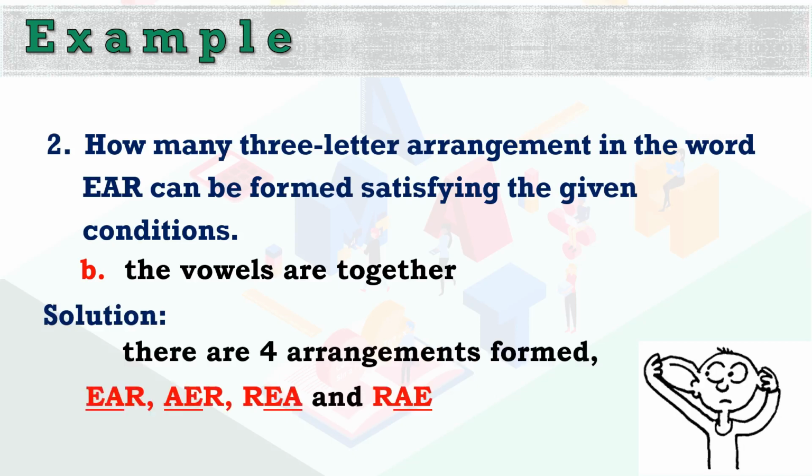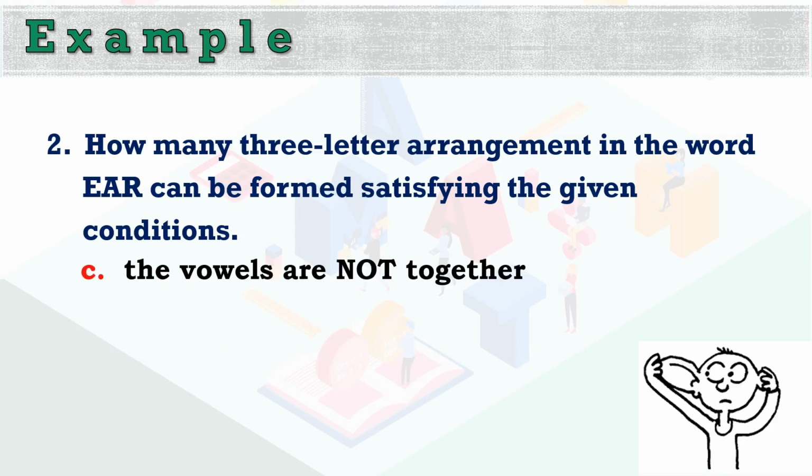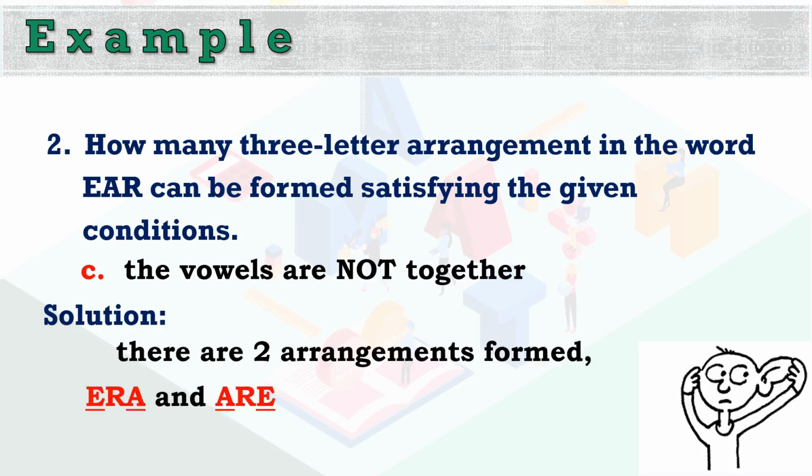There are four arrangements formed, and that is EAR, AER, REA, and RAE. For letter C, the vowels are not together. Solution: there are two arrangements formed, and that is ERA and ARE.